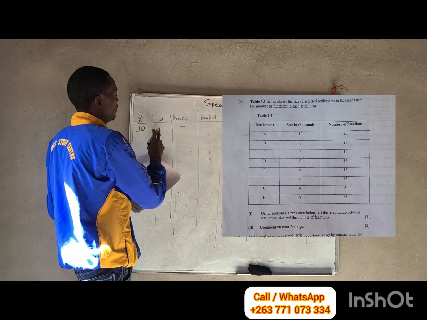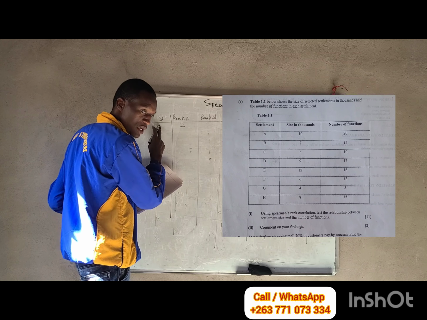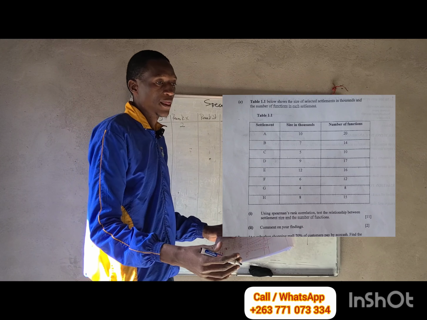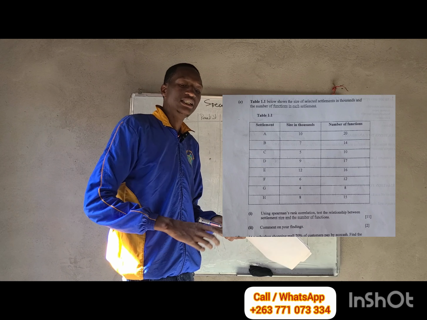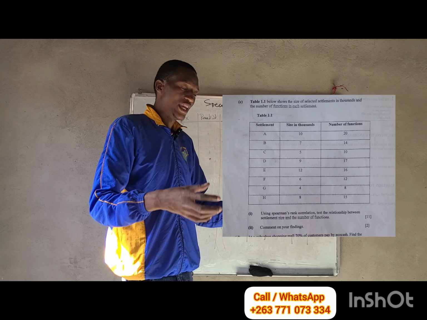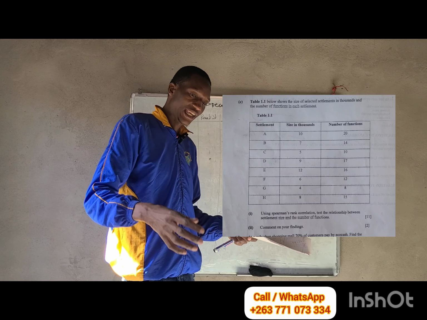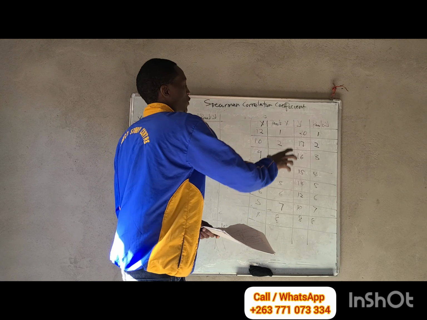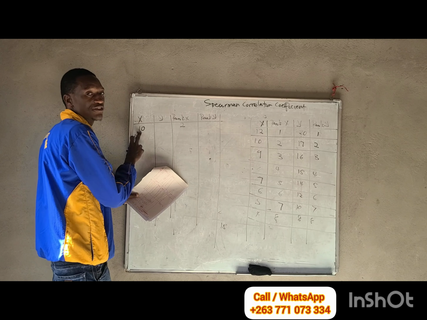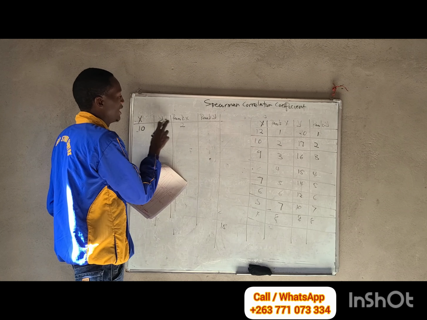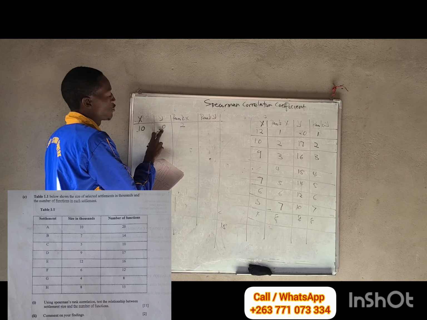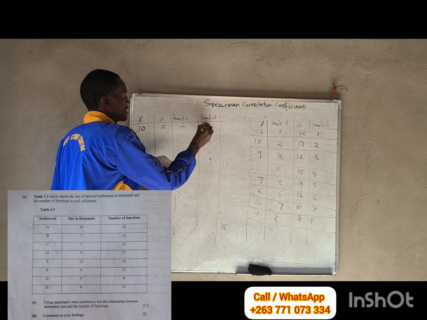According to ZIMSEC, we are now arranging the values in the way in which we were provided, but we are now ascribing what the rank of that value is according to what we have done here. So 10 is the first value in X values, and it is the second rank. Then we have got 20 in terms of Y values, and it is the first rank.